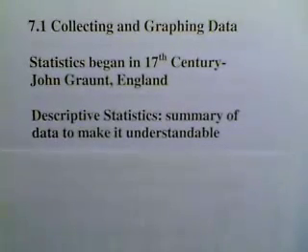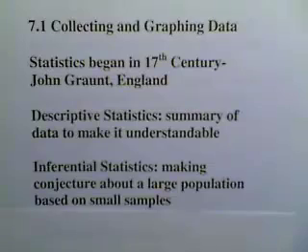There are two types of statistics that we will be looking at. One is descriptive statistics, where we take the summary of data and make it understandable. The other is inferential statistics, and that's where we make a conjecture about a large population based on sample sizes.